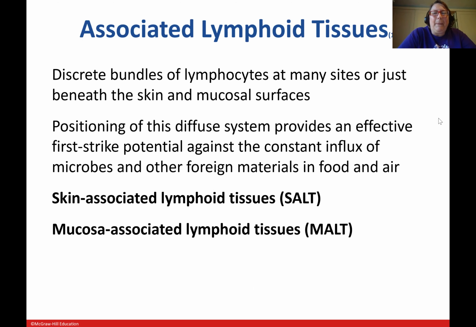Okay, so it basically allows a first strike potential in places that are constantly under assault by pathogens. Okay, so skin. If you get a break in the skin, there's going to be immune tissue that's right there, ready to pounce. Mucosa, again, most of our mucosal surfaces are essentially open to the outside world, and this is one of the main portals of entry for a lot of pathogens.